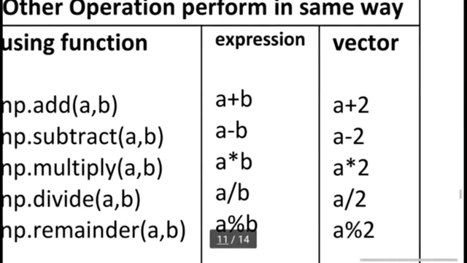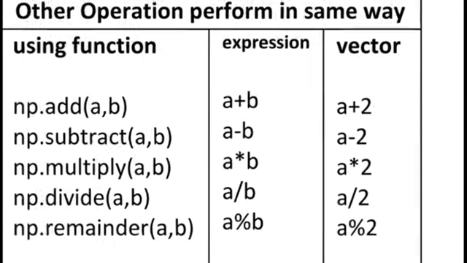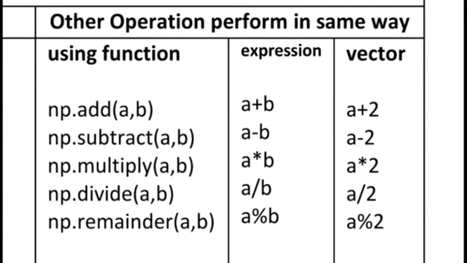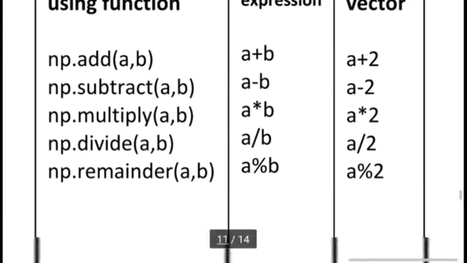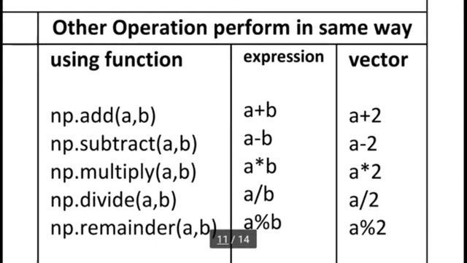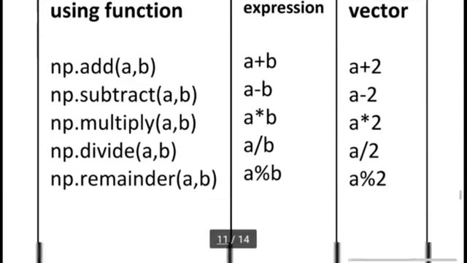For vector operations on a single data frame or single 2D array, a plus 2, a minus 2. We can change this to a plus 3, a minus 3, as you wish; any value can be used. Here I am only showing an example of how to write the same thing in a data frame or a 2D array. Practically, we can write in this style to perform basic arithmetic operations.